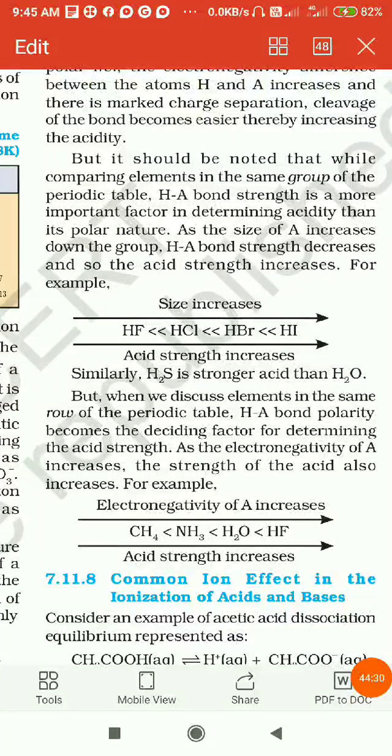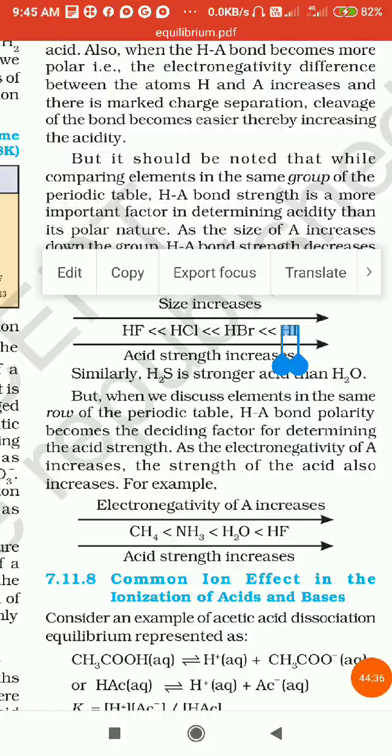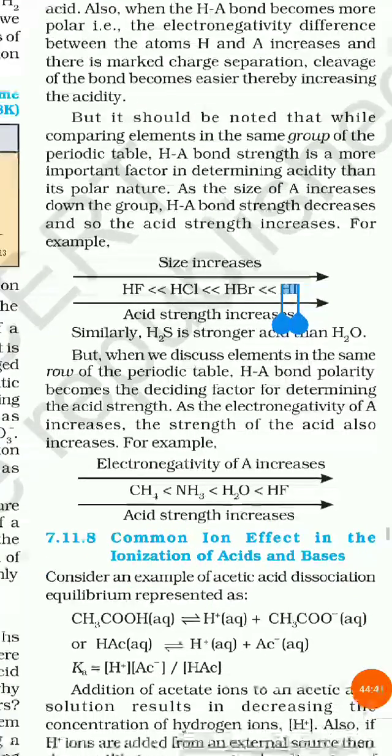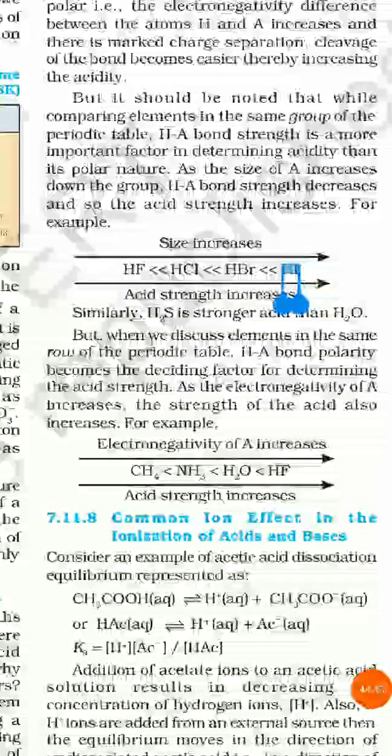That means hydrogen fluoride has a smaller size, but hydrogen iodide has a larger atomic size, so it has more acidic strength.